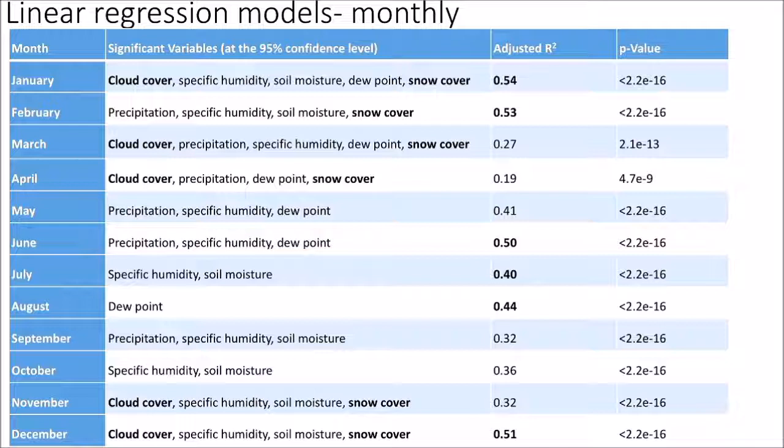Snow cover I only ran in the cold season months, and that was significant in all the cold season months, November through April, snow cover naturally having control in the daily temperature cycle, the difference between methods. And then some of these precipitation and humidity variables sometimes pop up more in the warm season as significant. Of course, those values are higher and maybe having more of a modulation on your daily temperature curve then.